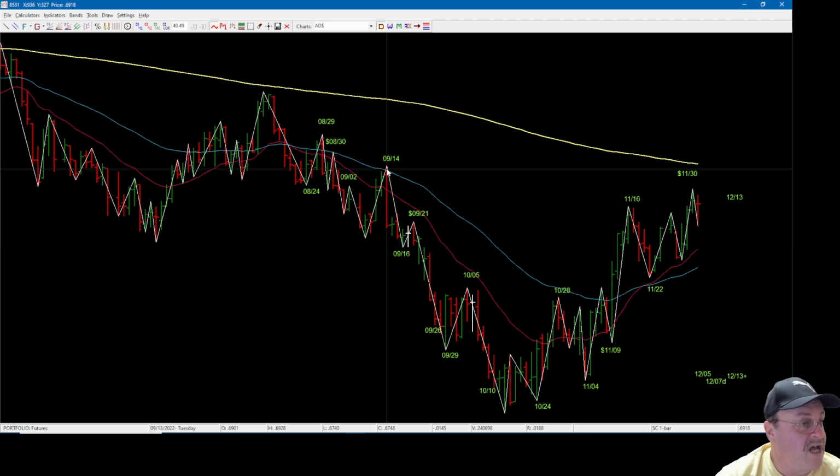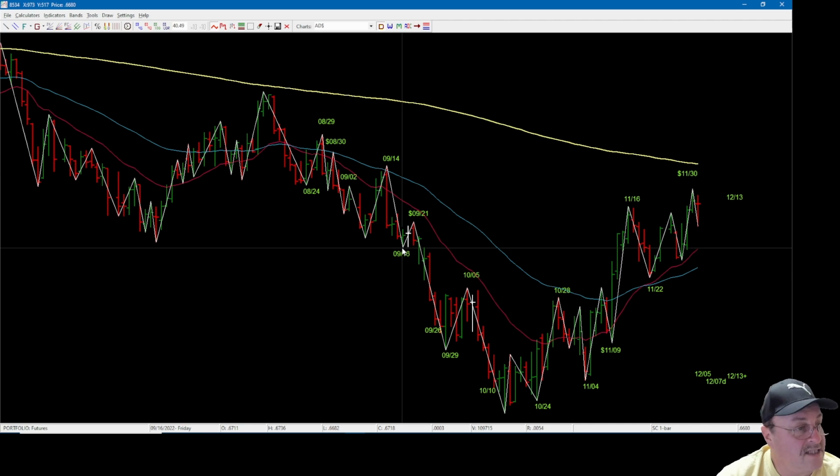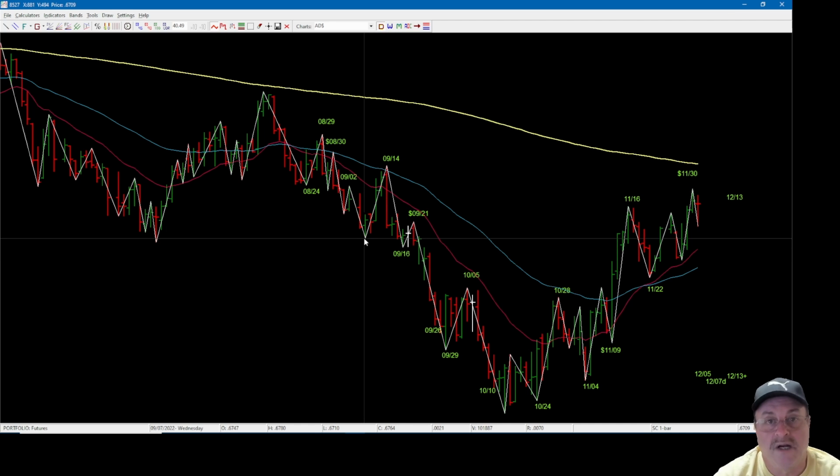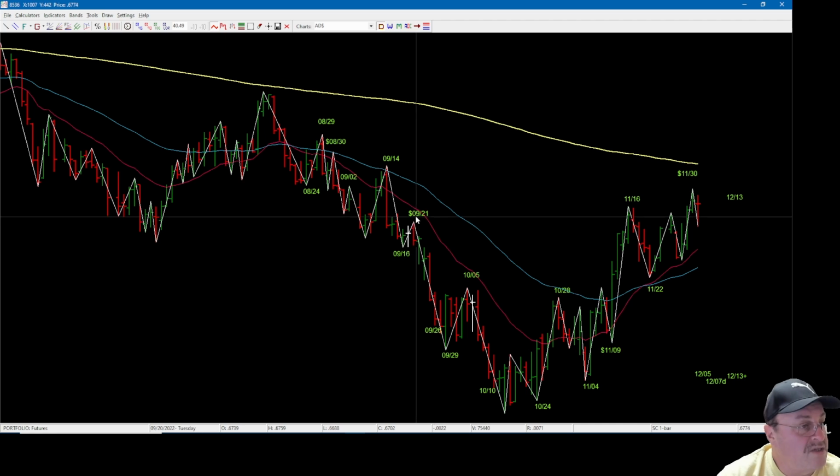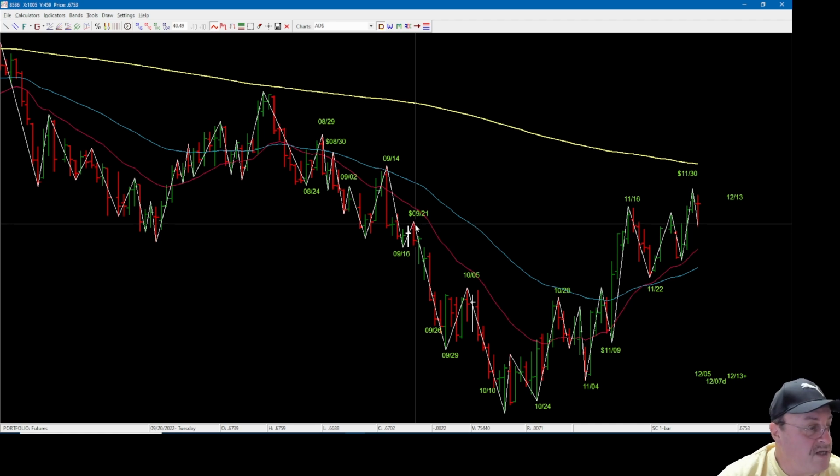So you take this 914, you come down here to 916. Clearly it's a lower low than the previous swing bottom in a downtrend. We would not trade this 916. And then we have a 921, and we see we have an opportunity here for this price bar right here.